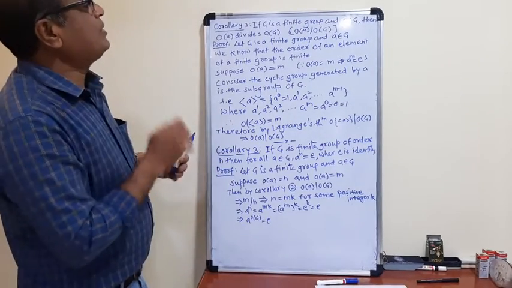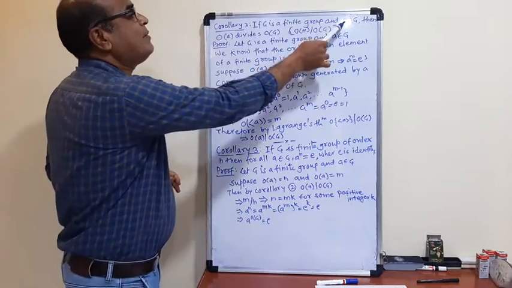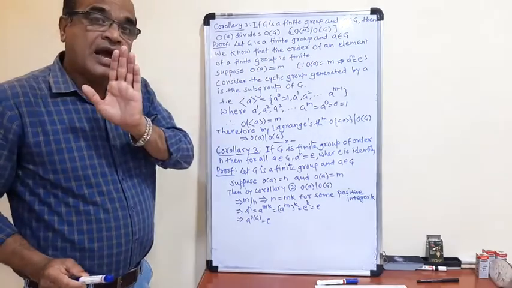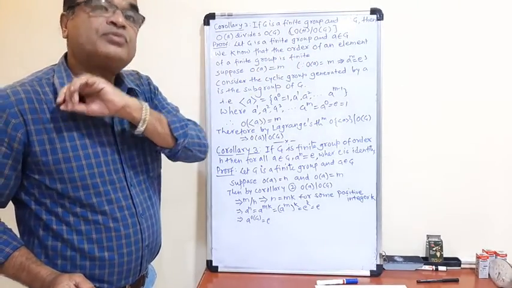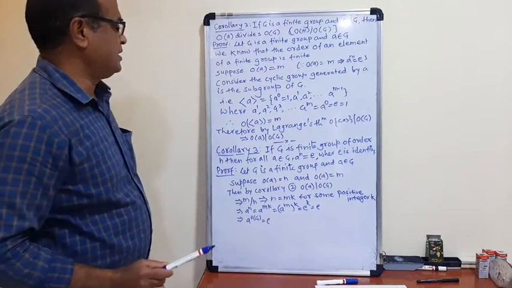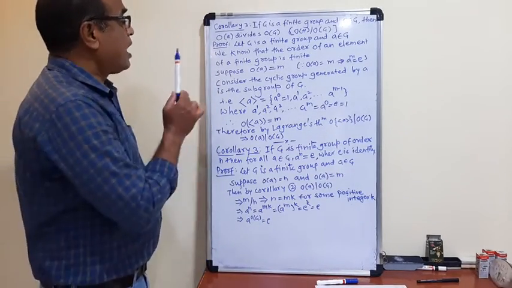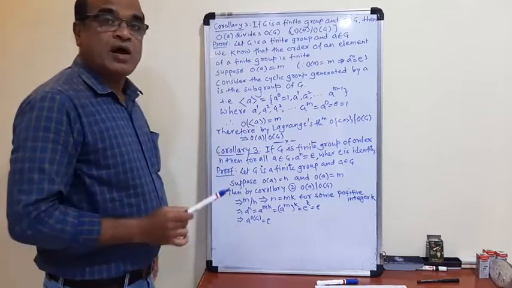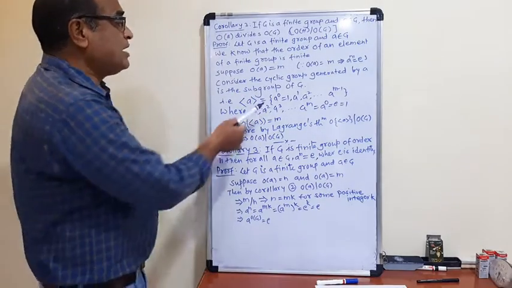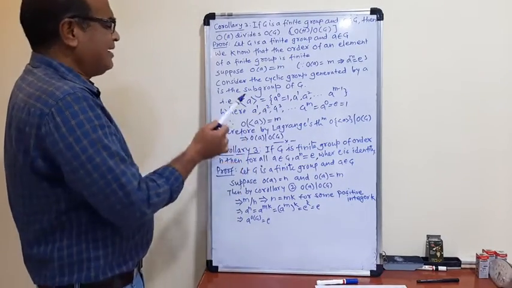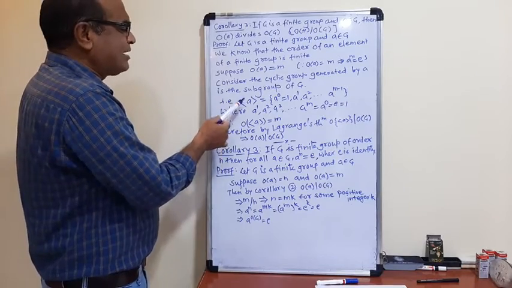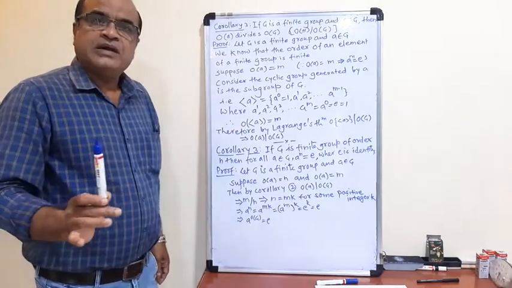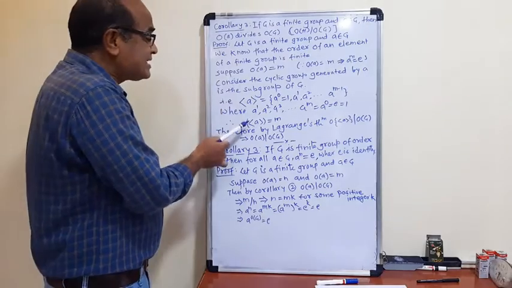Now we prove that the order of that element divides the order of the group G. If the order of a is m and there are m elements, then certainly the order of that cyclic group is also m, and this is a subgroup.